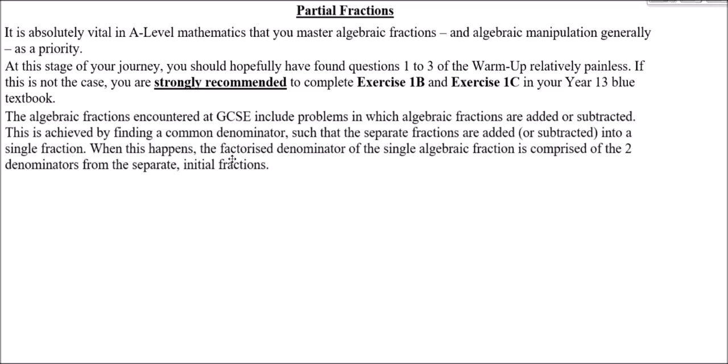When that happens, the factorized denominator of the single algebraic fraction is comprised of the two denominators from the separate initial fractions. So essentially, the single factorized denominator is comprised of the single linear denominators in the individual fractions from whence it came.